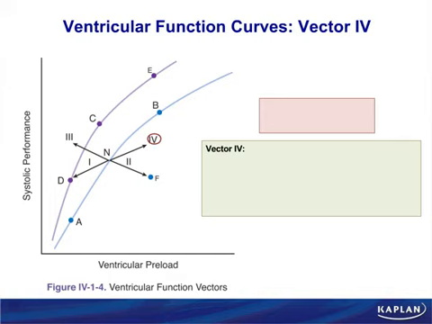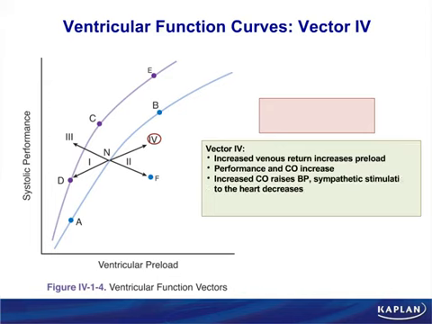Therefore, I know this is a Frank Starling mechanism. So the initial event, the initial thing that changed, was an increase in venous return, causing an increase in preload to the heart. The increase in preload increased performance. Since performance went up, cardiac output went up.